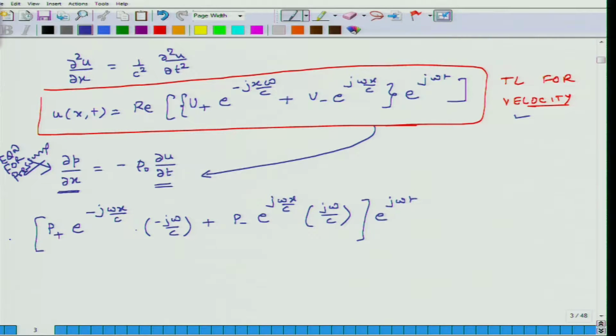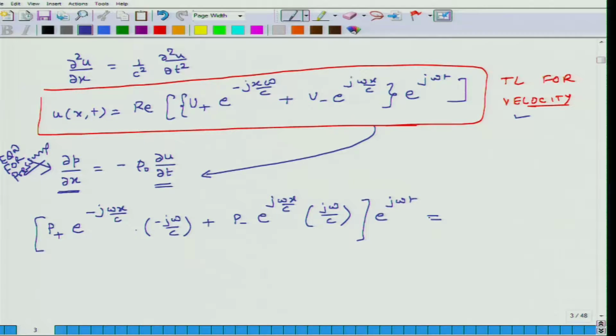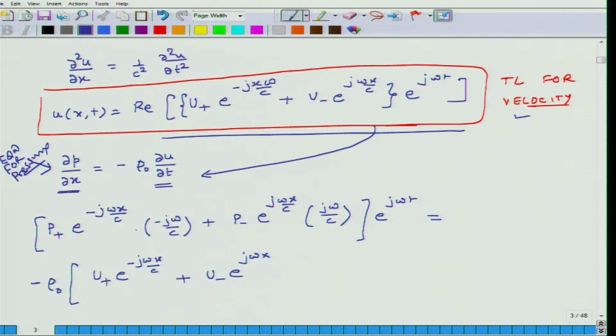I am going to omit the notation real from both sides, because we have real on both sides, so whatever is inside the brackets should be equal. This should equal the partial derivative with respect to time, multiplied by minus rho naught, of u plus e to the minus j omega x over c plus u minus e to the j omega x over c.